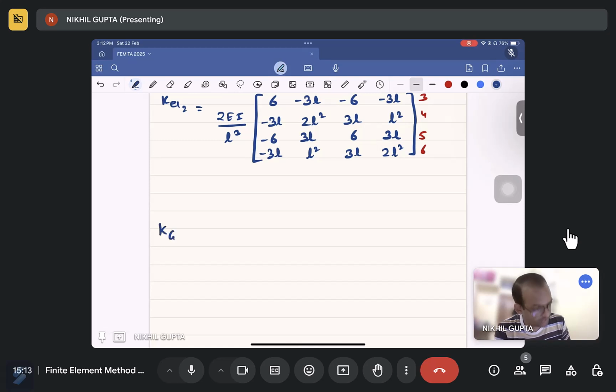So k global will be, so the outside term is still the same, 2EI by L cube. Now how many degrees of freedom? Now we have 1 2 3 4 5 6 in the full beam.